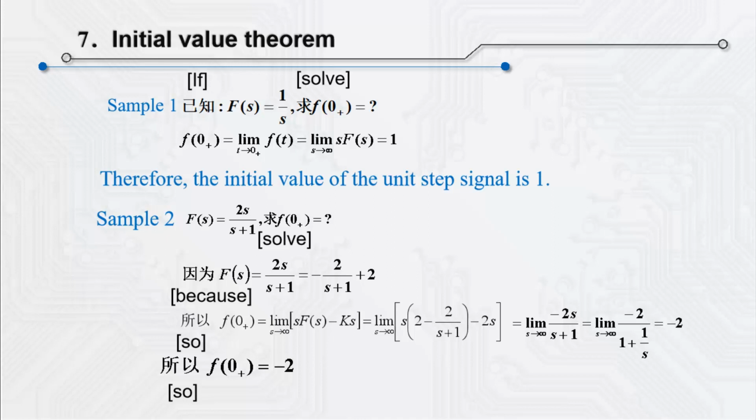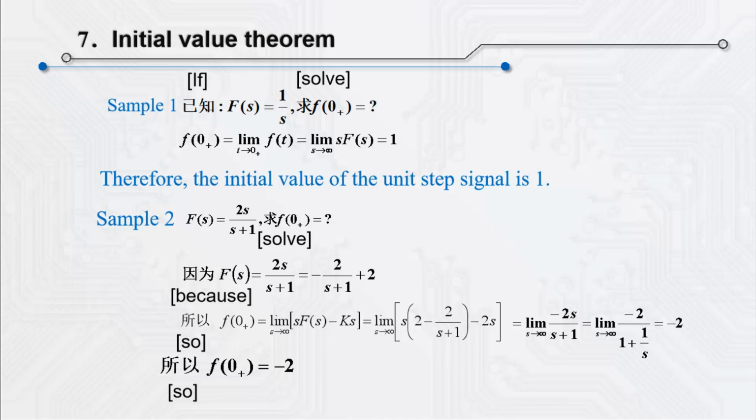Here is another look: F(s) equals 2s over s plus 1. Find the value of f(0+). Because F(s) is not a true fraction, now I'm going to turn it into a true fraction. The value is 2 minus 2 over s plus 1.